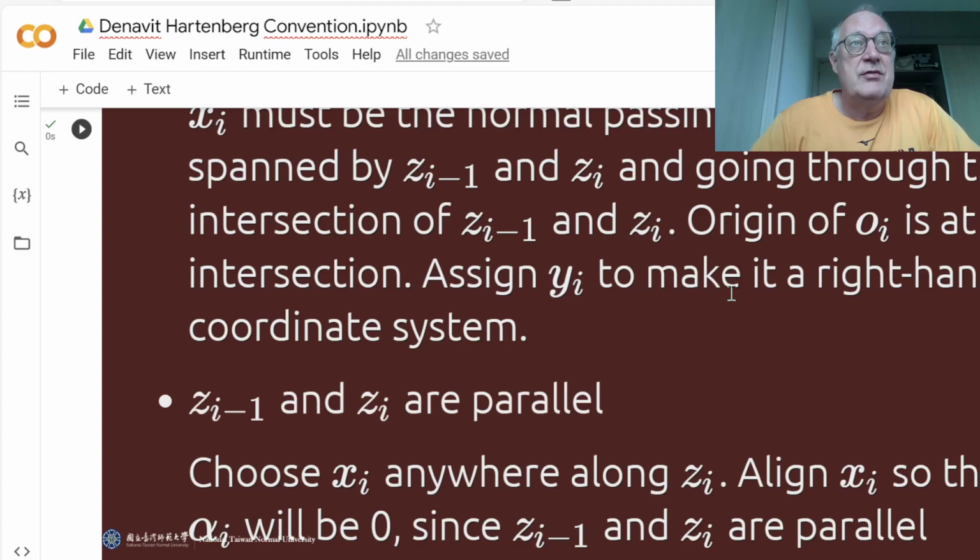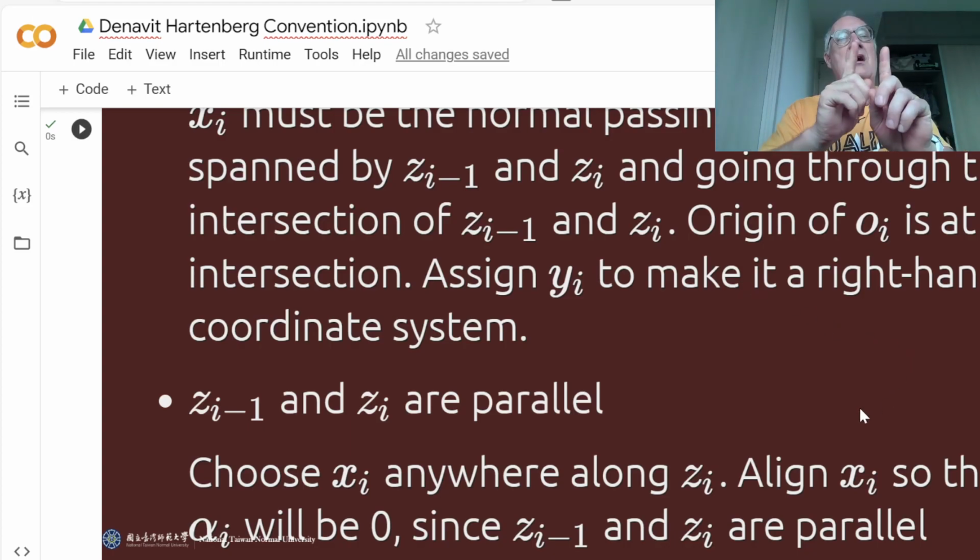So that simplifies my matrices, because now di is equal to 0. For alpha i, there will also be no twist along the x-axis at the end, so alpha i will be 0 as well.